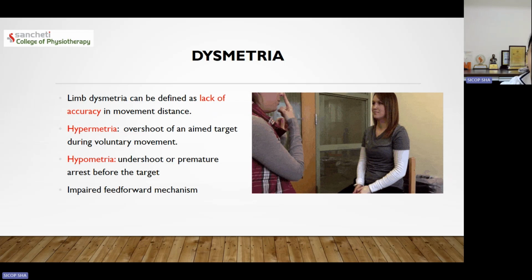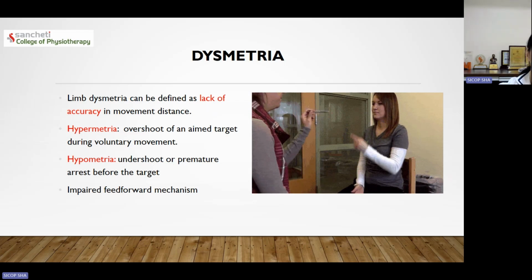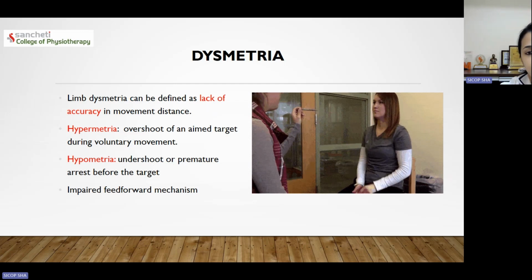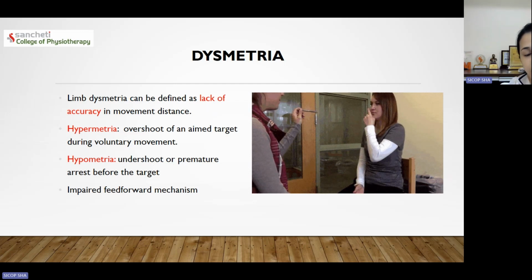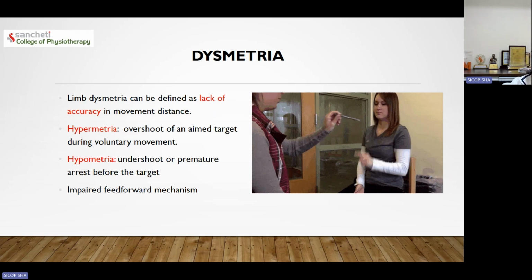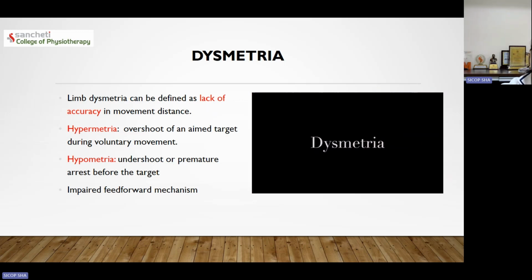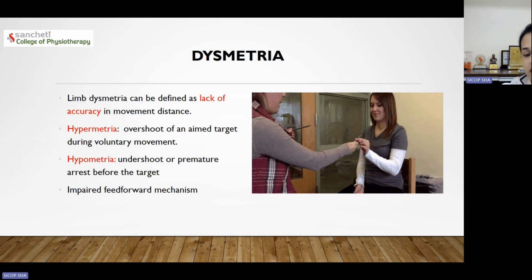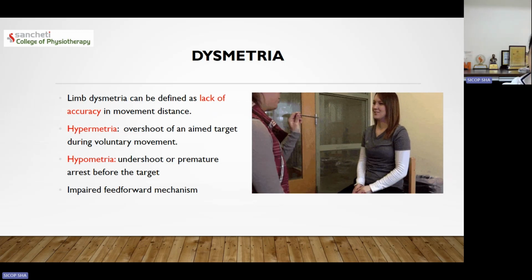And hypometria is undershoot or premature arrest before the target. If a person is trying to reach for a target, for example, picking up a glass of water, and the person stops before that, that is hypometria. So what mechanism exactly is affected in this? The feed forward mechanism of the body is affected in dysmetria.